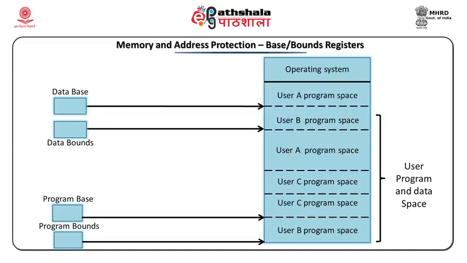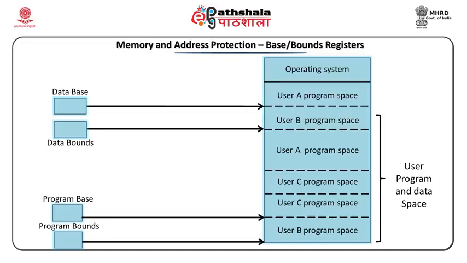Data space and program space need not be contiguous, they can be anywhere, but we maintain program base, program bound, data base and data bound. Data base says the lower limit from where the data space starts. Data bound says the highest upper limit where the data space ends.